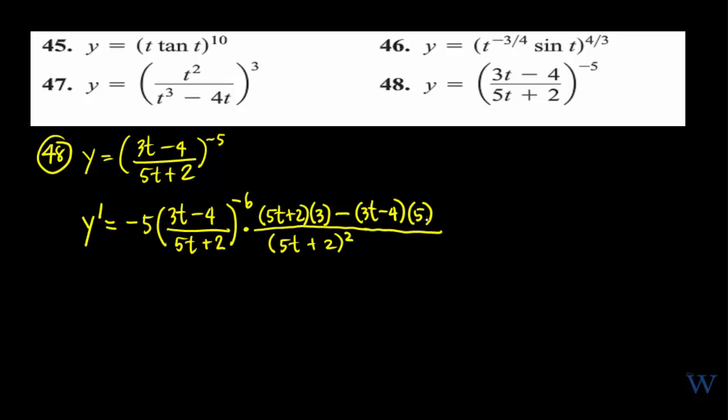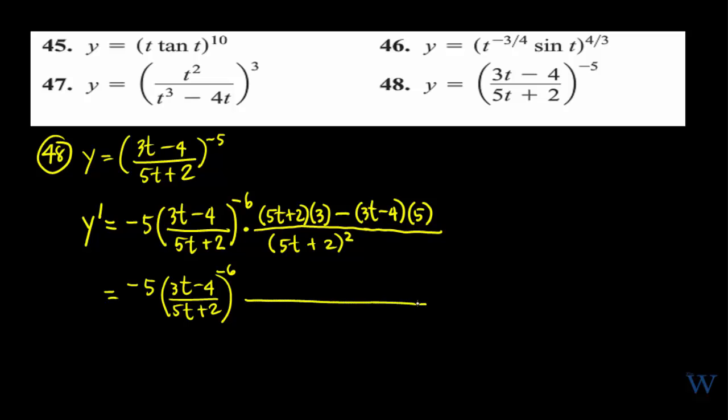Alright, so as you can see, we've got a lot of things going on here. So let's go ahead and just write this as negative 5 times 3t minus 4 over 5t plus 2 whole thing raised to the negative 6.